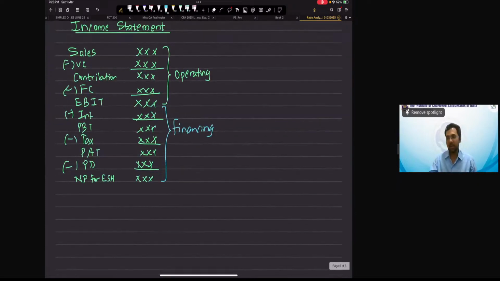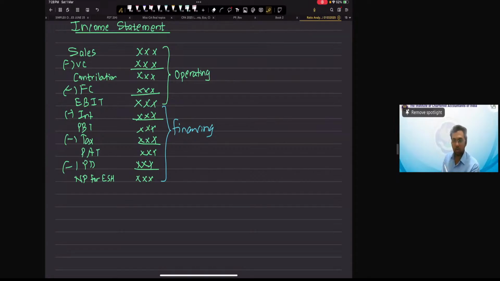So a business entity can be understood from two aspects. One is how it is into the operations, and how it is into the financing part. Into the operations, we can say it is up to the EBIT.